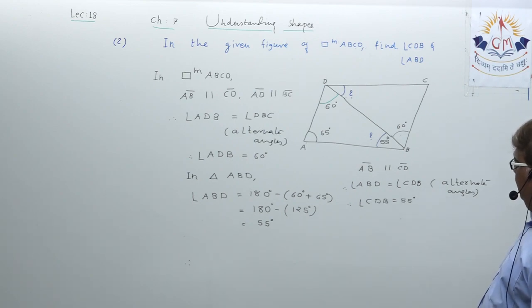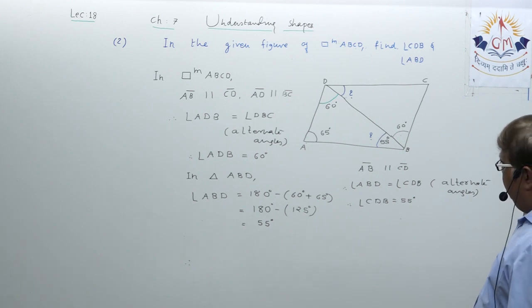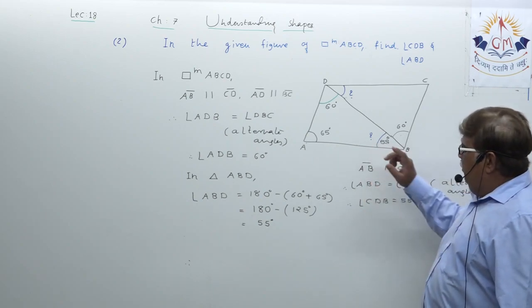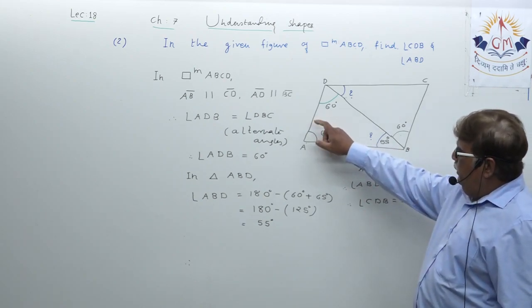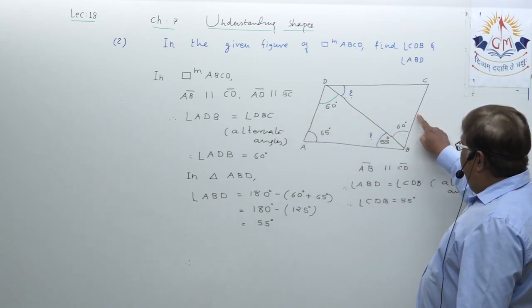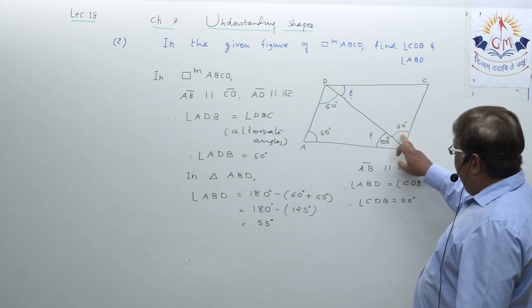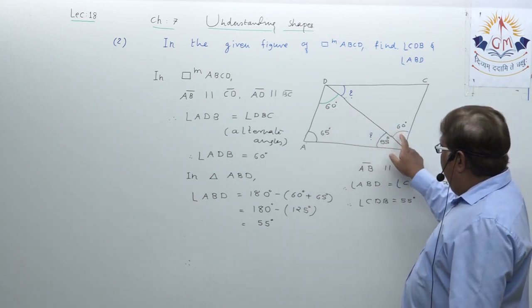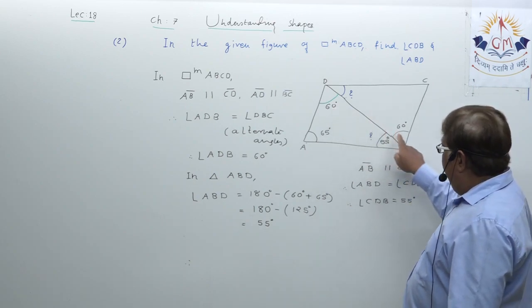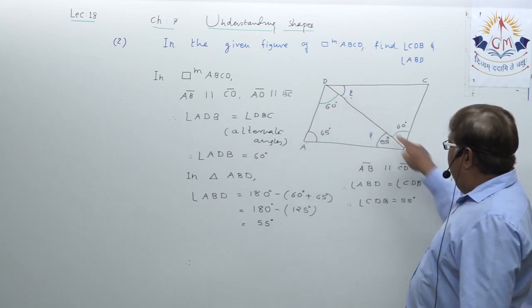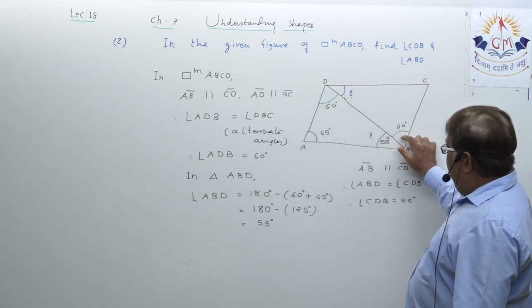Understood? Okay, first you just have a look at this particular example which we have solved now. How we moved in this example, you all must have understood now. I have taken AD parallel to BC, which gave me a pair of congruent alternate angles, which I mentioned, ADB and DBC.